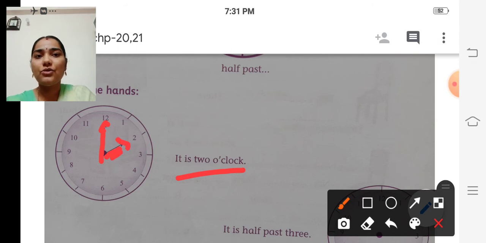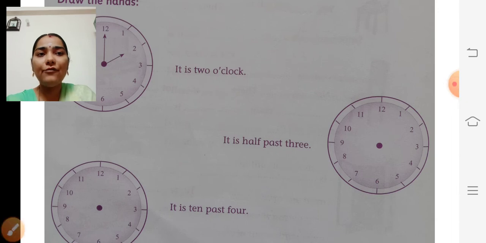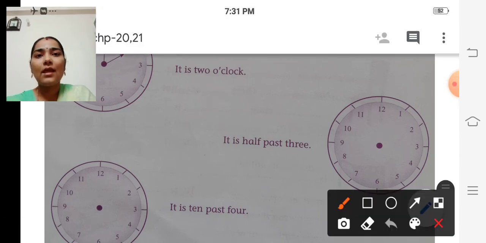It is exactly 2 o'clock. The next one, it is 3:30. Half past.